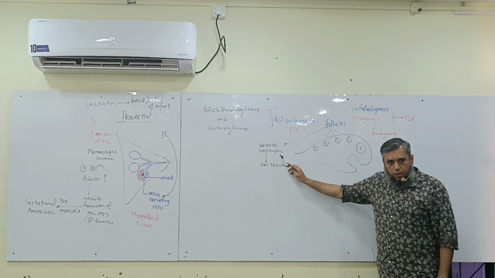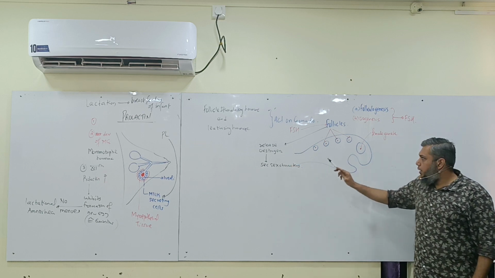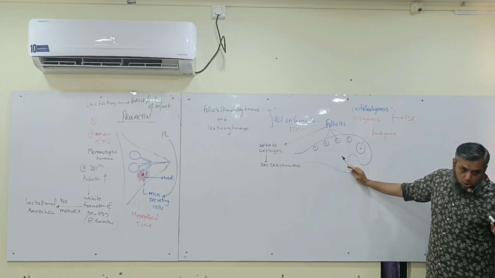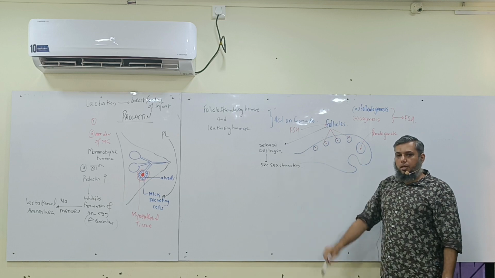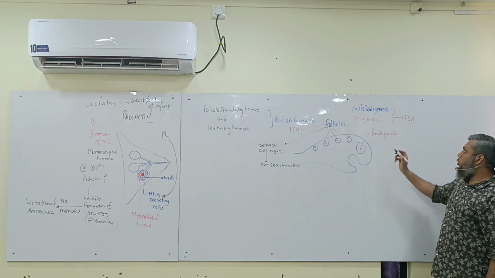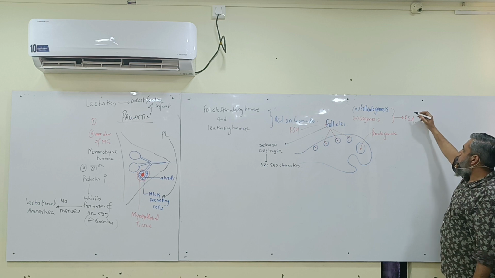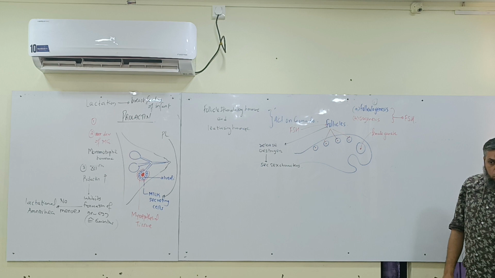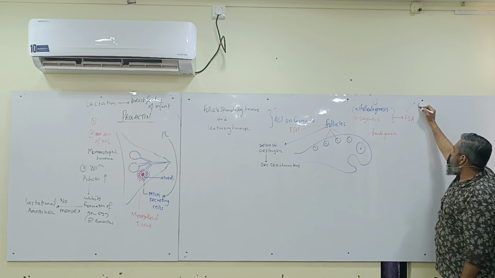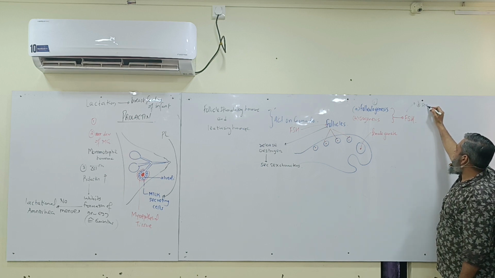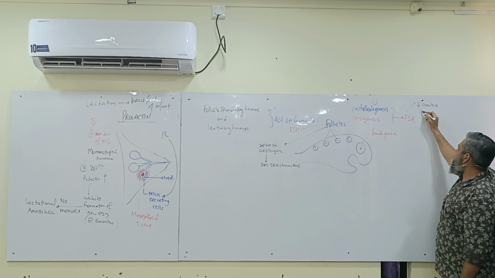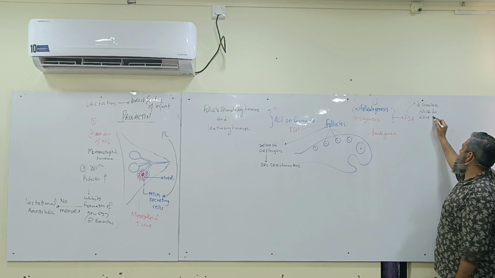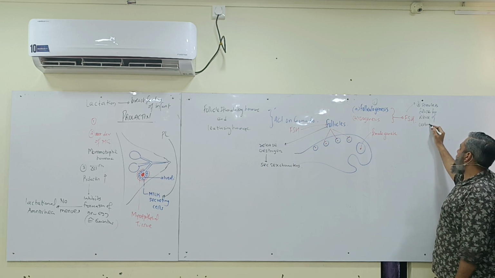So estrogen, whose hormone is it? Of the follicles, meaning of the ovaries. But when will it be released? When stimulation comes from where? FSH. So that is one function of FSH, yes or no? One function of FSH is folliculogenesis and oogenesis. What is the second function? It stimulates the follicles for the release of which hormone?